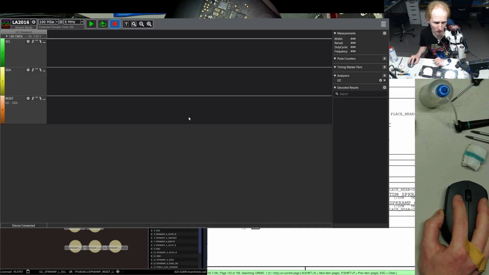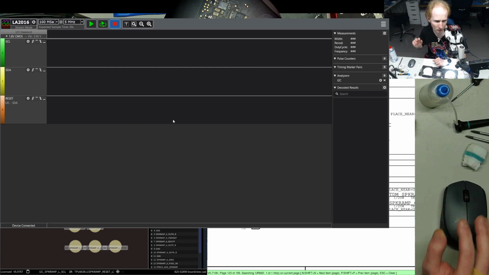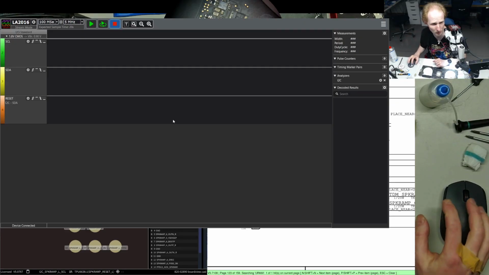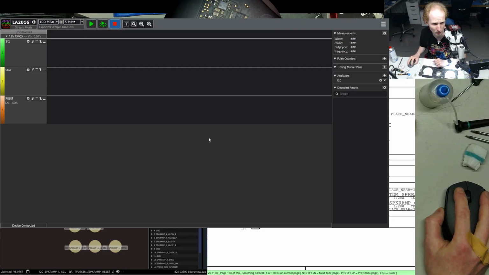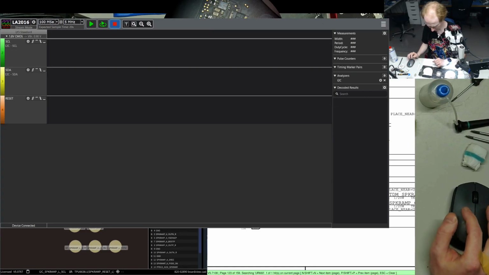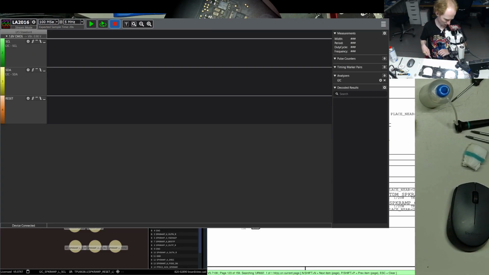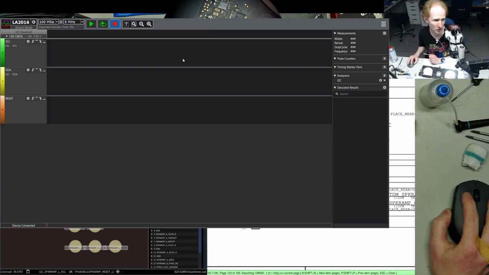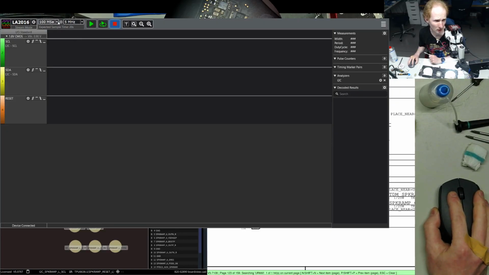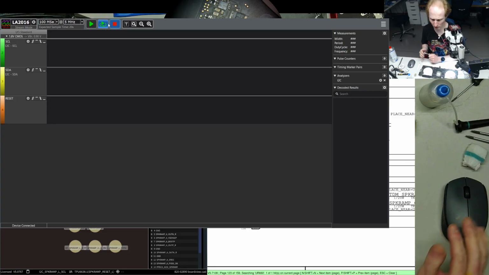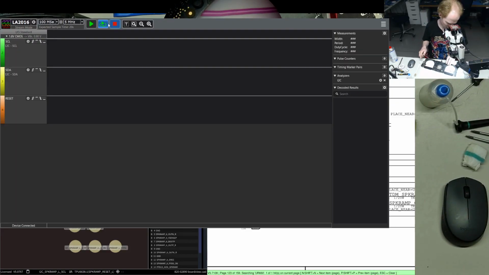So we have SCL on the second and the SDA on the third one. 7-bit address bits only, so all defaults. Okay, so now let's check. So we are doing 100 mega samples at 5 megahertz. So 20 seconds, it should be fine. It should be more than enough to get the sequence.